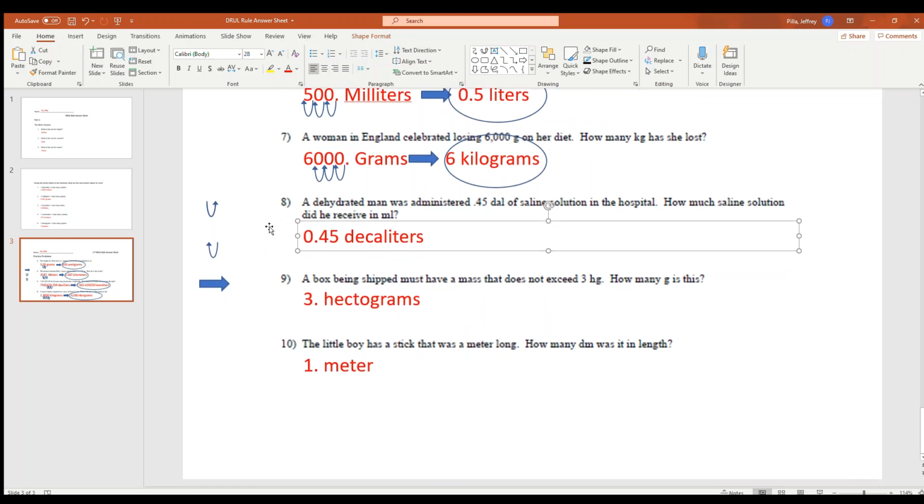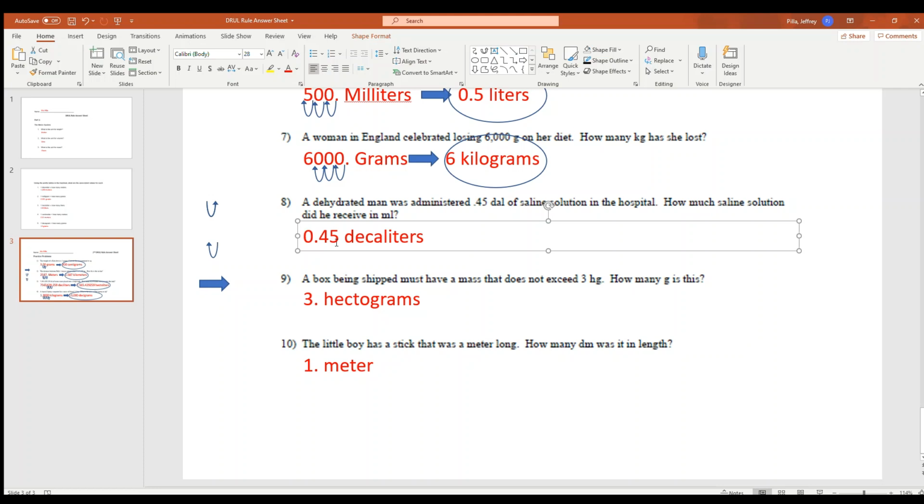Alright, number 8. A dehydrated man was administered 0.45 deciliters of saline solution in the hospital. How much saline solution did he receive in milliliters? Okay, so we're going from deciliters to milliliters. If you're looking at your staircase, to go from deciliters to milliliters you have to go down the staircase.